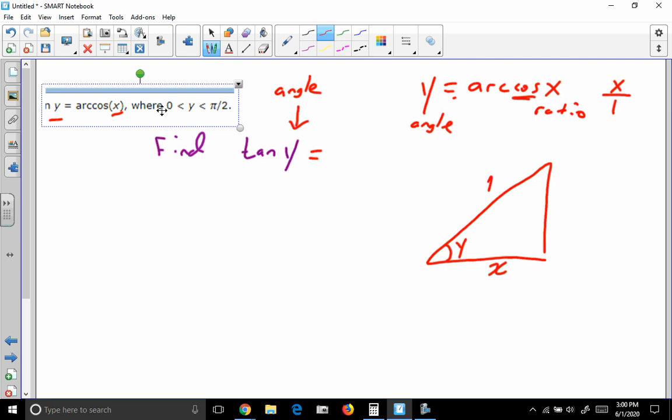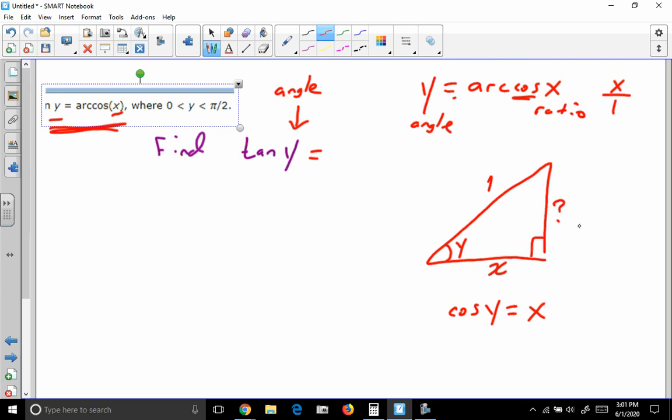So this equation they give us just establishes a relationship from an angle to a ratio, and we can find out the other side as well. So in this triangle, another way of saying that equation, instead of arc cosine of x is y, we could say cosine of y is x. From y, cosine is x over 1, or just x.